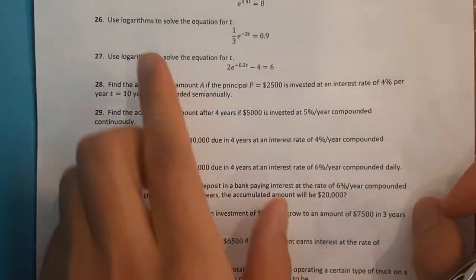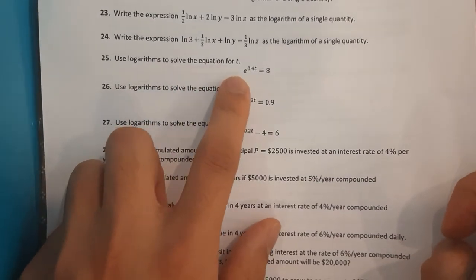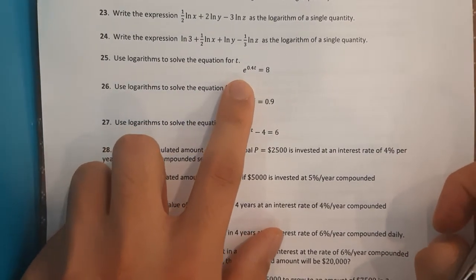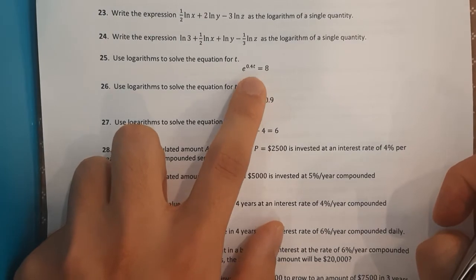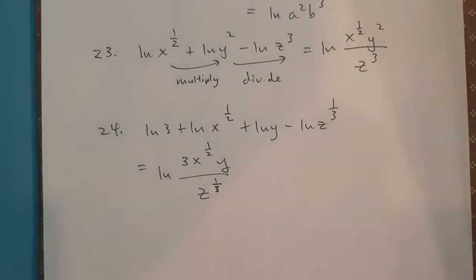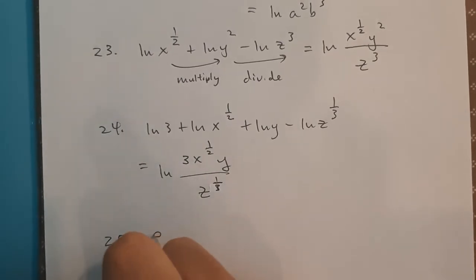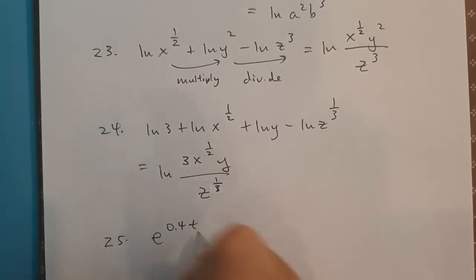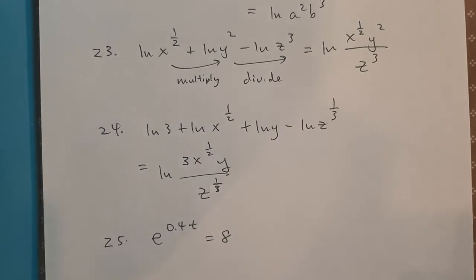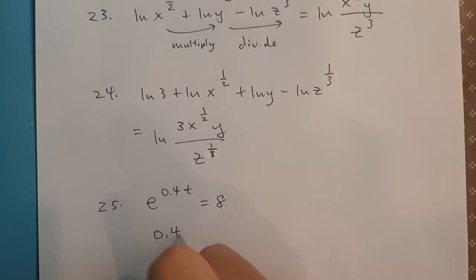So in question 25, it says to use logarithms to solve the equation for t. Here we have e to the 0.4t equals 8. So first thing is to write it in the logarithmic form.